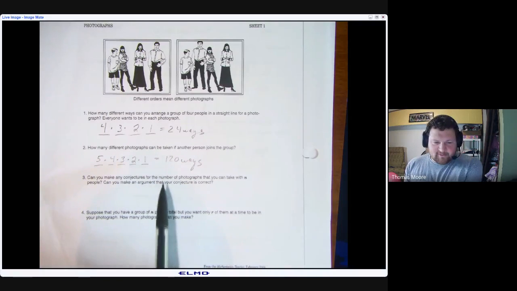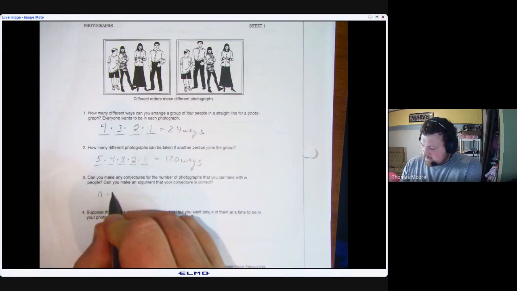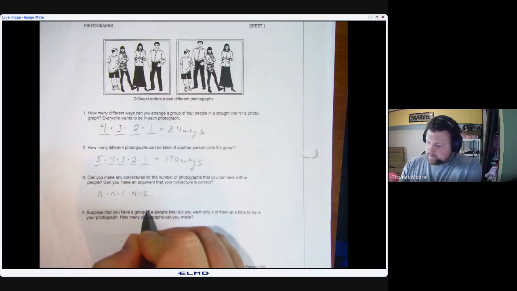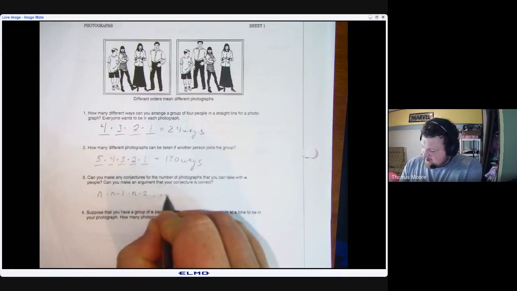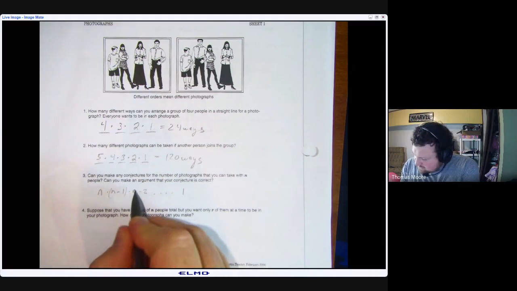So the number of photographs that can be taken with n people is I take n and multiply that by n minus 1, and then multiply that by n minus 2, and then I go all the way down to where there's just 1 person left for that last slot. Any questions about how I came up with that? Of course, this would have to be in parentheses.